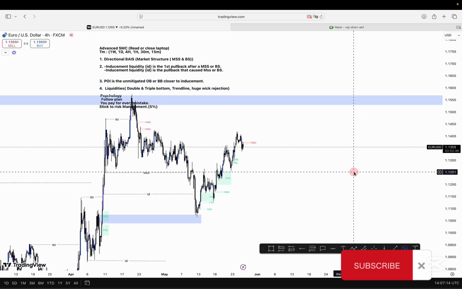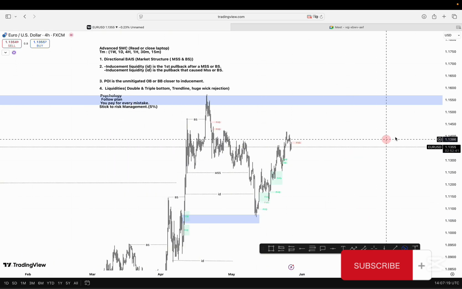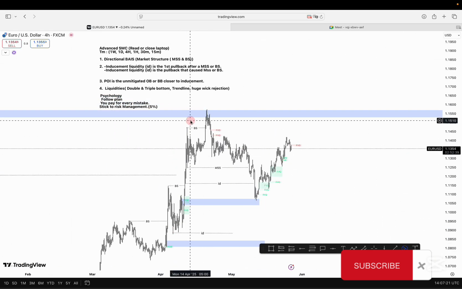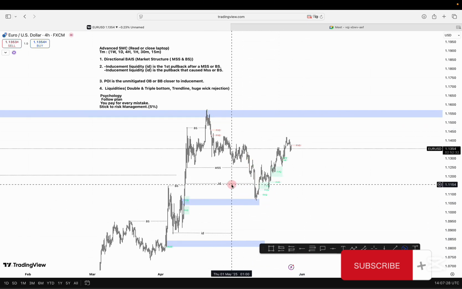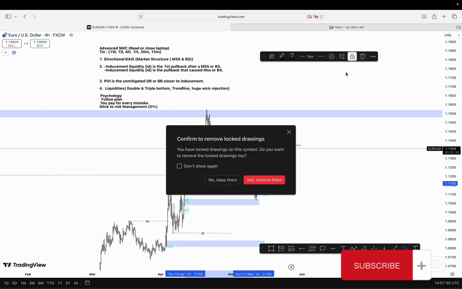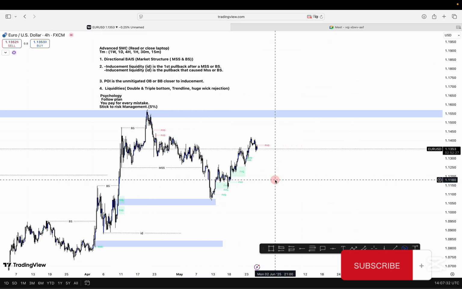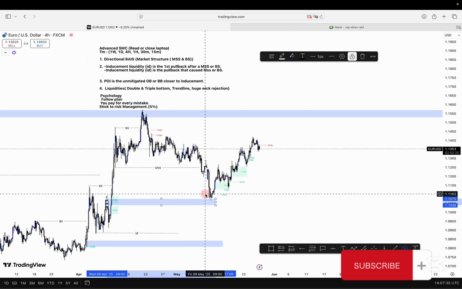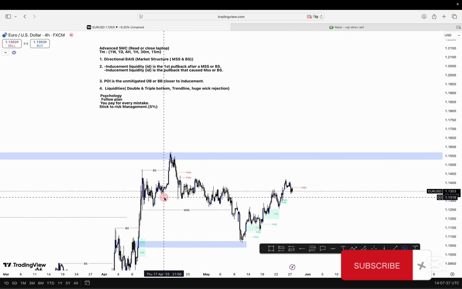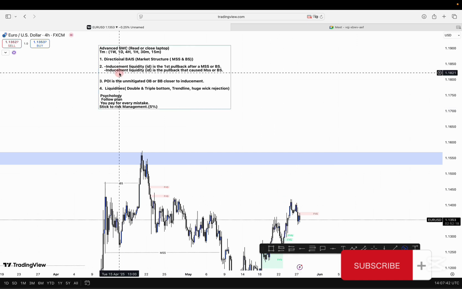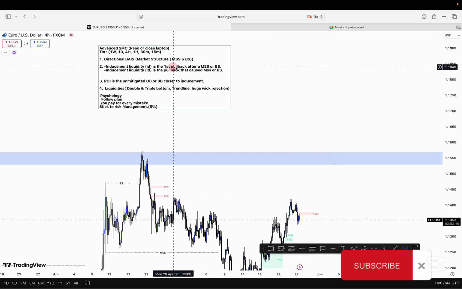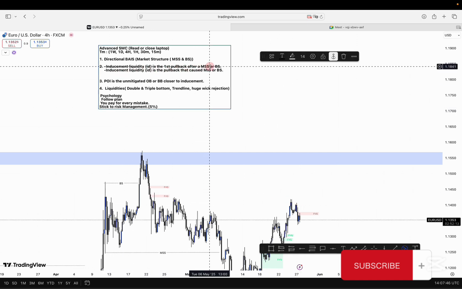So after identifying a market structure shift, that means our mindset from bullish has now turned to what? Bearish. So since this one has already been mitigated, let me remove this. The inducement here, I've removed it. So now we want to identify our inducement. We said an inducement is the first pullback after a market structure shift.